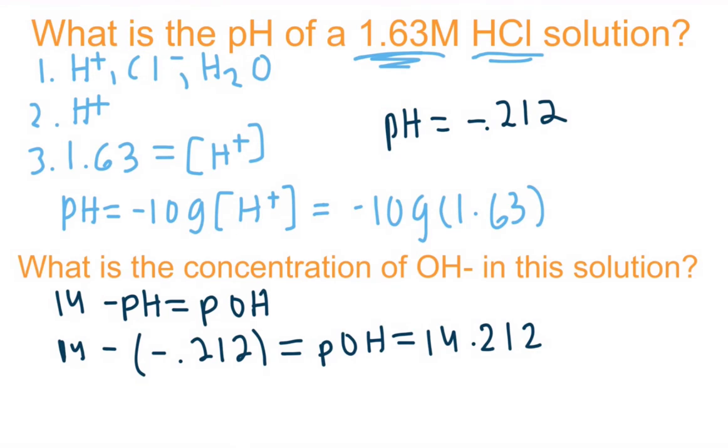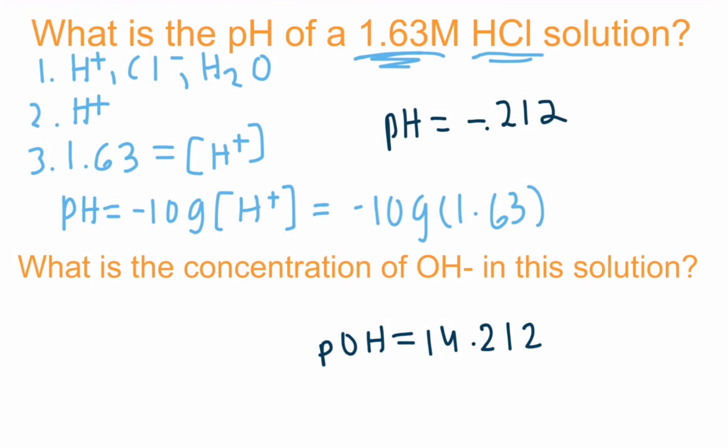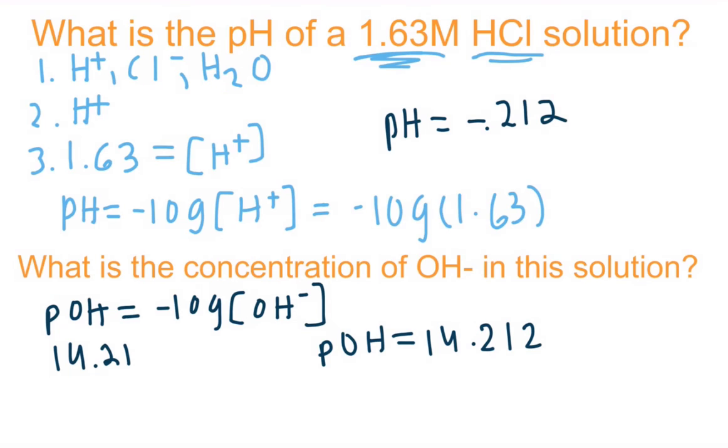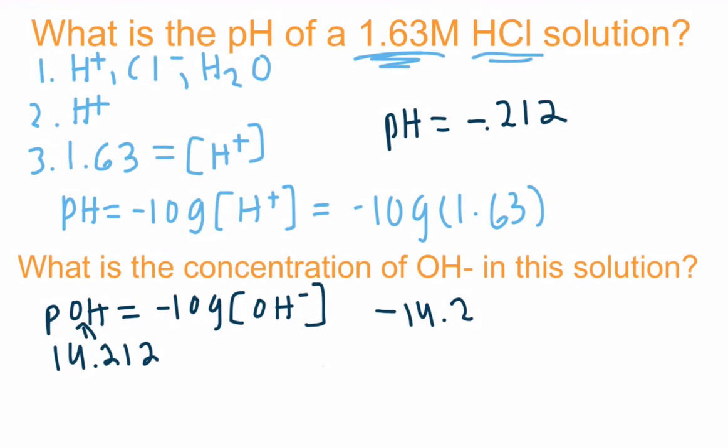Once we have our pOH, we can solve for our concentration by undoing a log. So now we know our pOH is 14.212. We're going to set our pOH equal to the negative log of the hydroxide ion concentration. We're going to sub in our 14.212 here. We're going to move that negative over just because it makes it so much easier. So we have negative 14.212 equals log of the concentration of OH-.